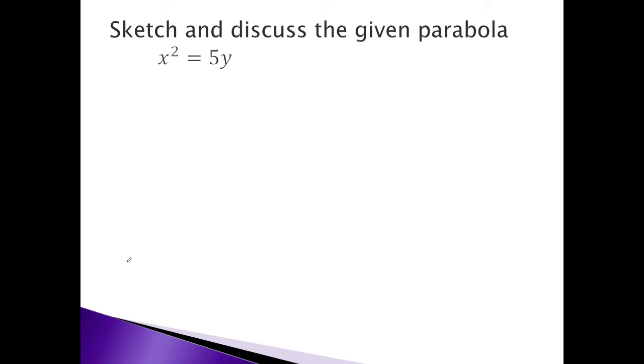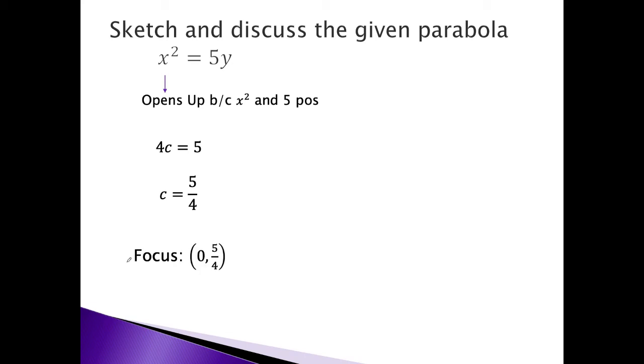Sketch and discuss the given parabola x squared equals 5y. We know that because it's x squared, and because the 5 is positive, this parabola will open upwards. We have 4c equals 5, so c equals 5/4.